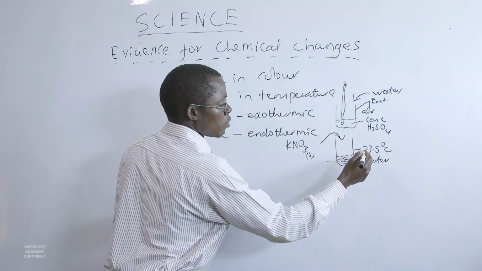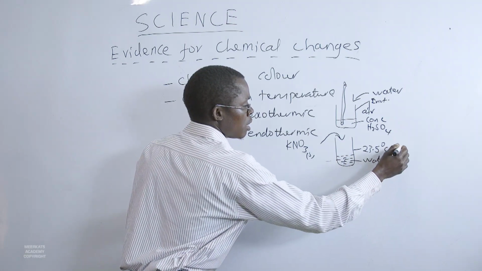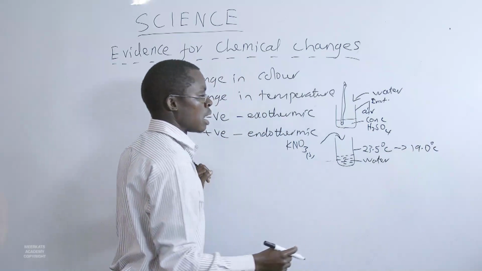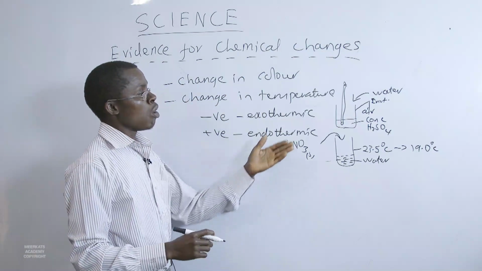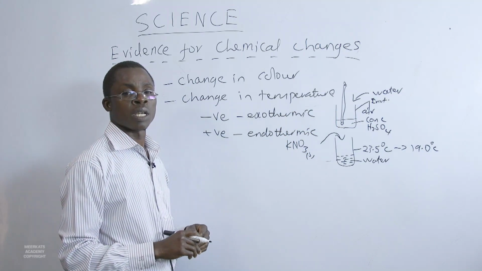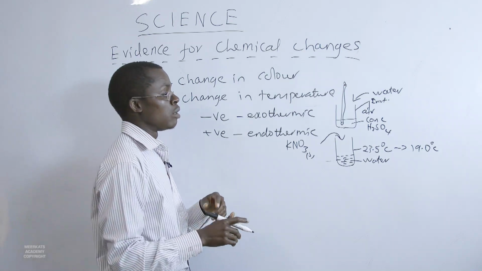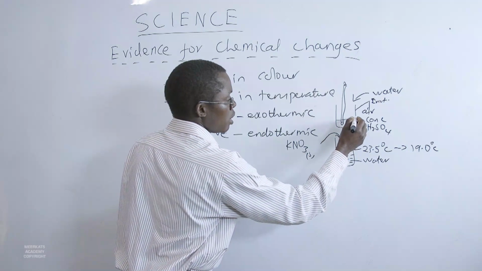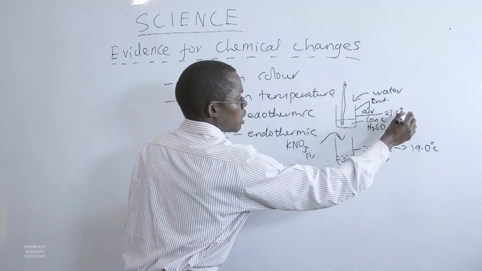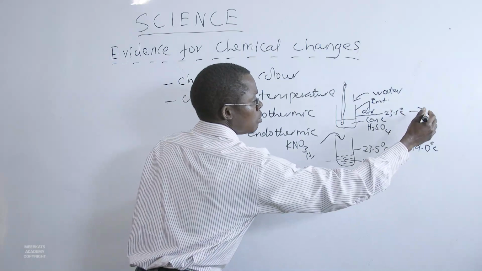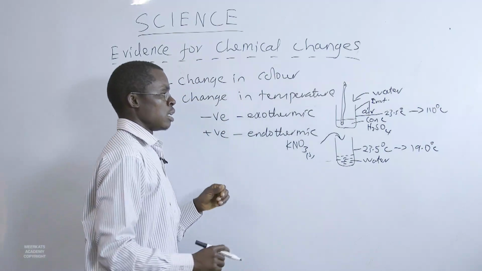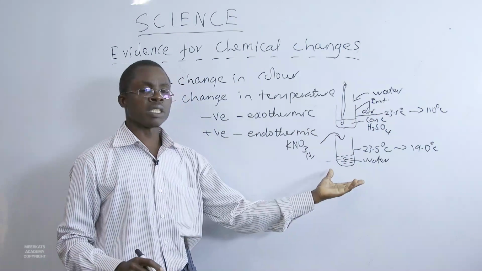So here, if it was 23.5, then it might go to maybe, let's say, 19.0 degrees centigrade, a lower temperature than the original, opposite of what we have just seen for dilution of sulfuric acid, enthalpy change of dilution, where we can assume this beaker was originally 23.5 degrees centigrade, and now it goes to a temperature of, let's say, 110 degrees centigrade. So this one was exothermic, but this is endothermic.